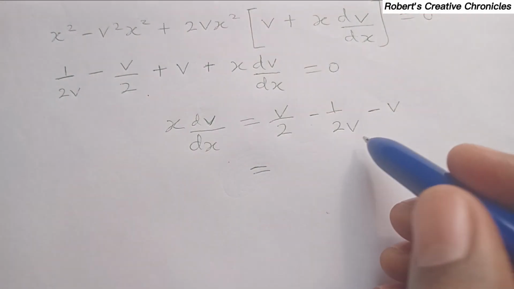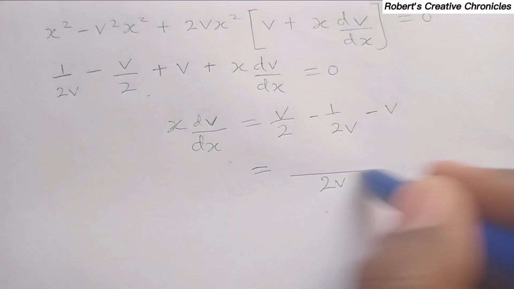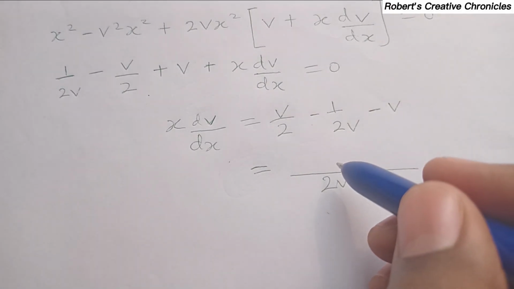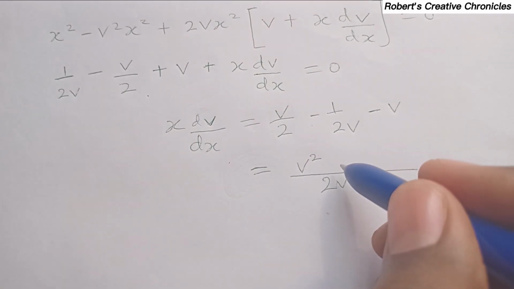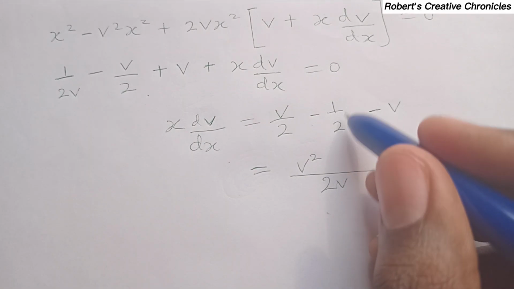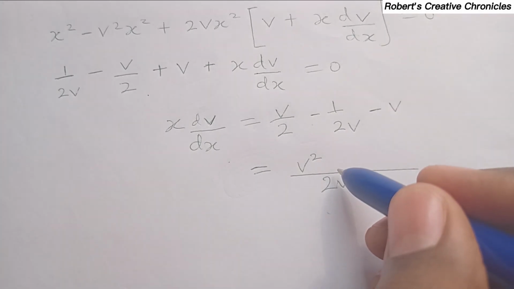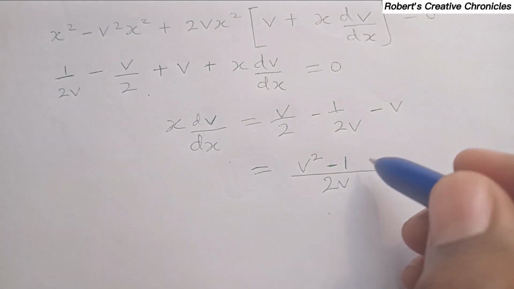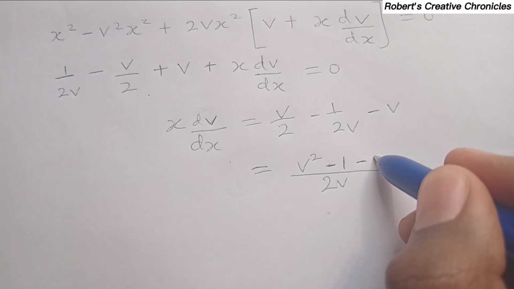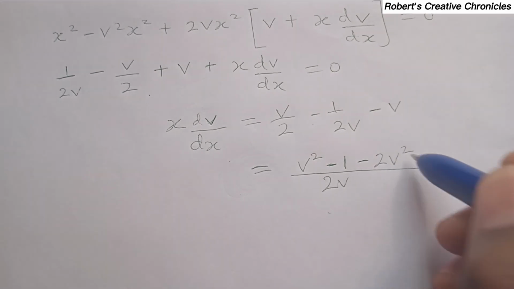So the LCM of this is 2v. So 2v times v is what? 2v squared divided by 2 is what? v square. So this one, 2v times 1 is 2v divided by 2v is minus 1. 2v times v is what? Is minus 2v squared.